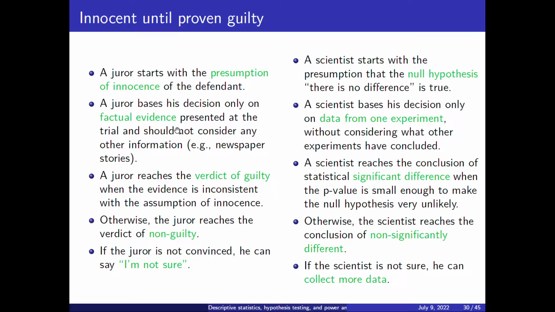And then, based on this evidence, the juror reaches the verdict of guilty when the evidence is inconsistent with the assumption of innocence. So we have so much evidence against you that we have to reject the assumption of innocence.